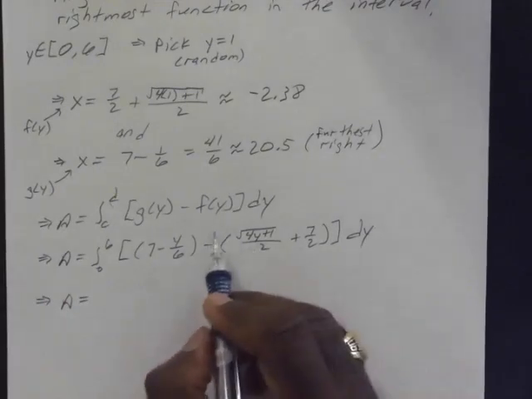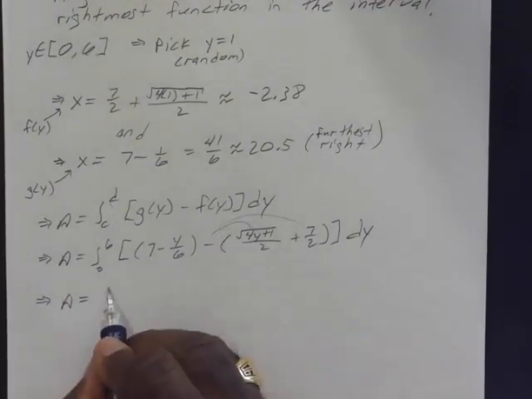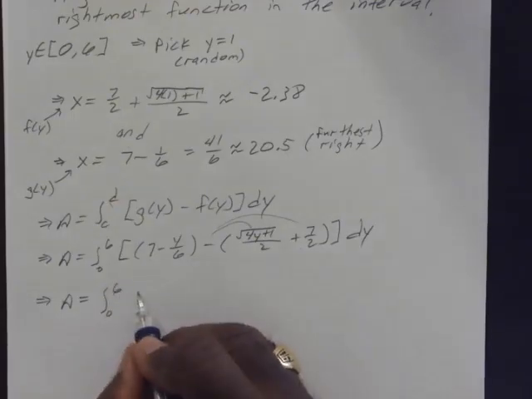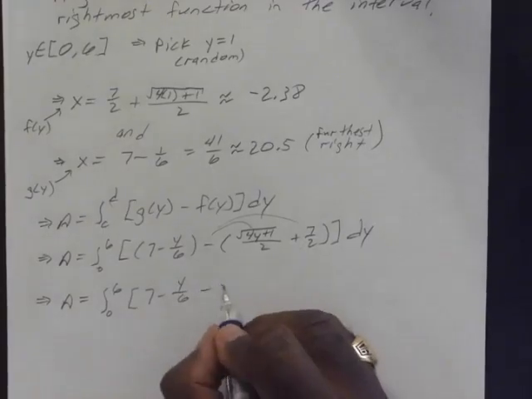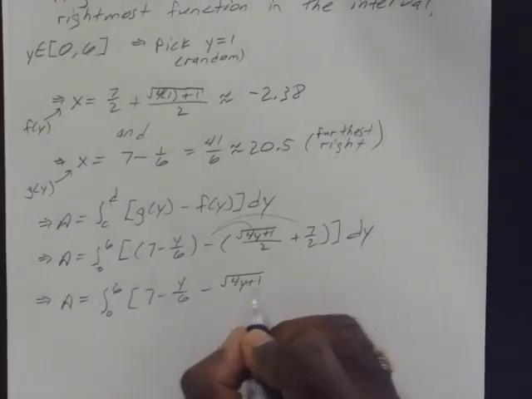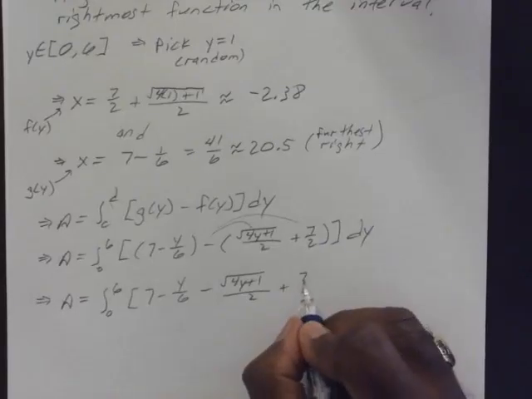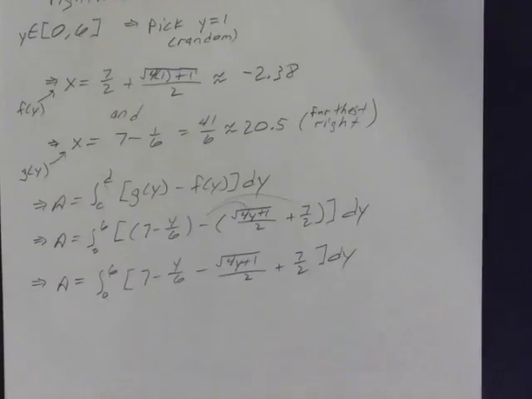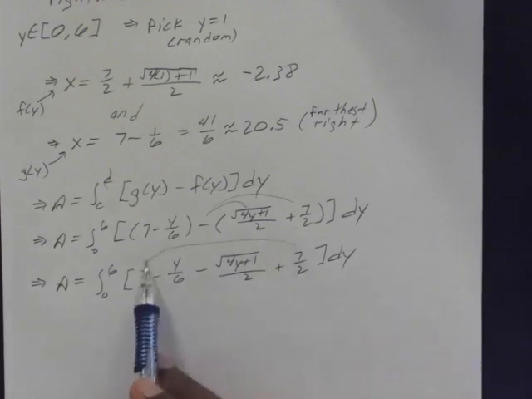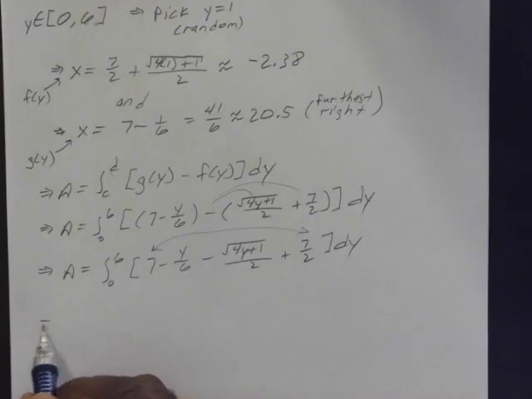Okay, so if we simplify this by distributing, we have the integral from 0 to 6 of (7 minus y over 6) minus the square root of 4y plus 1 over 2, plus 7 over 2, with respect to y. Go ahead and combine those two terms.